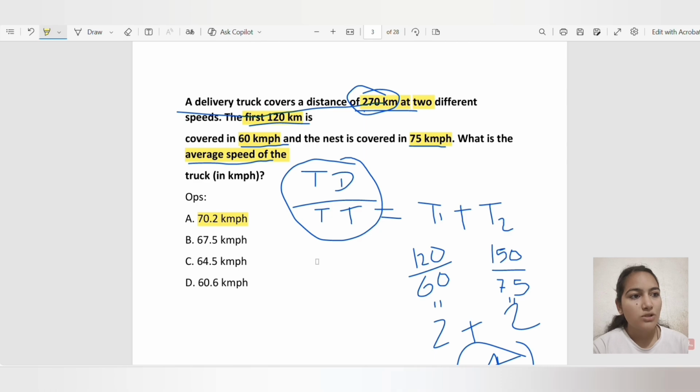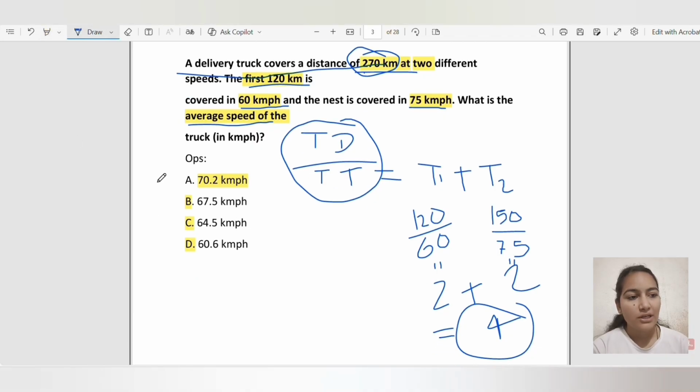So 270 upon 4: 4 sixes are 24. So the answer can be B or C or D. When you solve 270 upon 4, 24 is taken, and left with 30, and 4 sevens are 28. So your answer will be B.